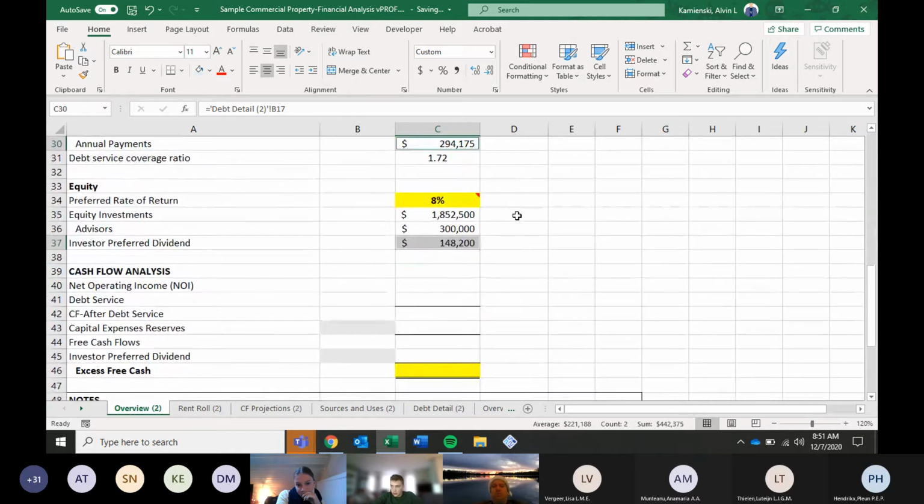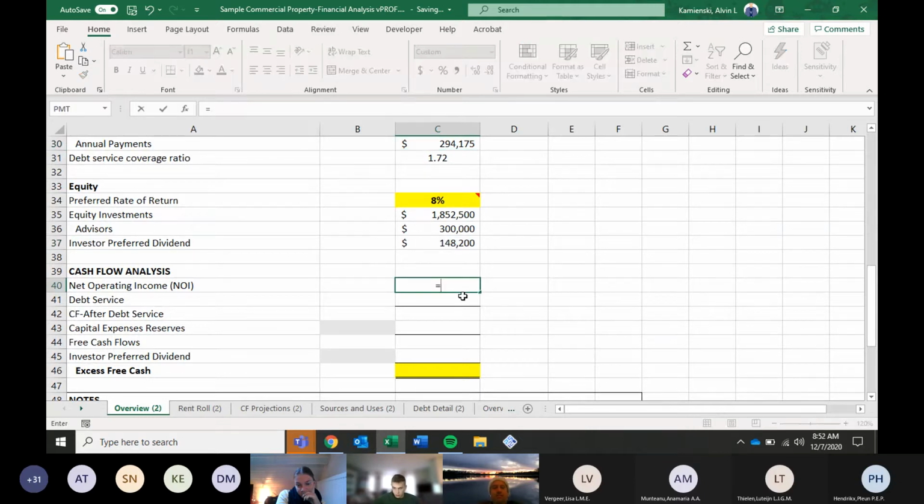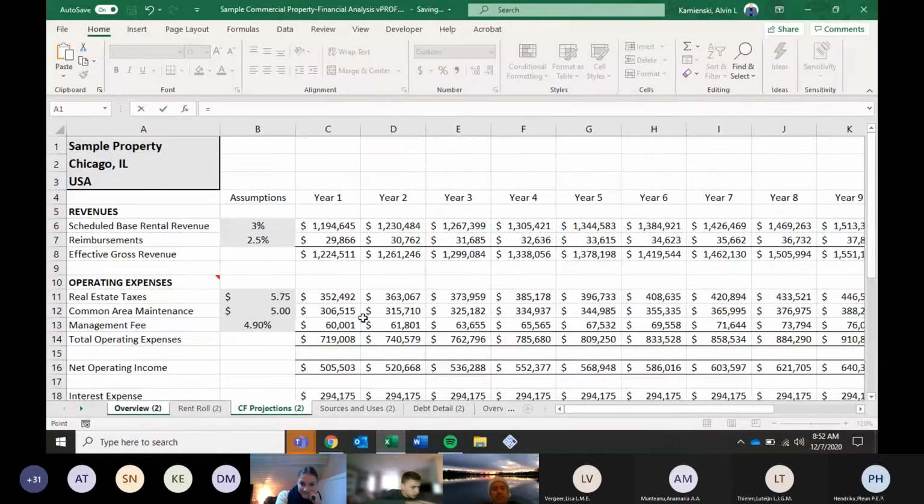To which Maurice might say, wait a minute, can you just summarize that for me? I like the detail, but let's consolidate it one more time. All right, Maurice, here is my cash flows. In year 1, I am going to be able to generate $505,000 in net operating income, where net operating income represents rental income minus my operating costs.